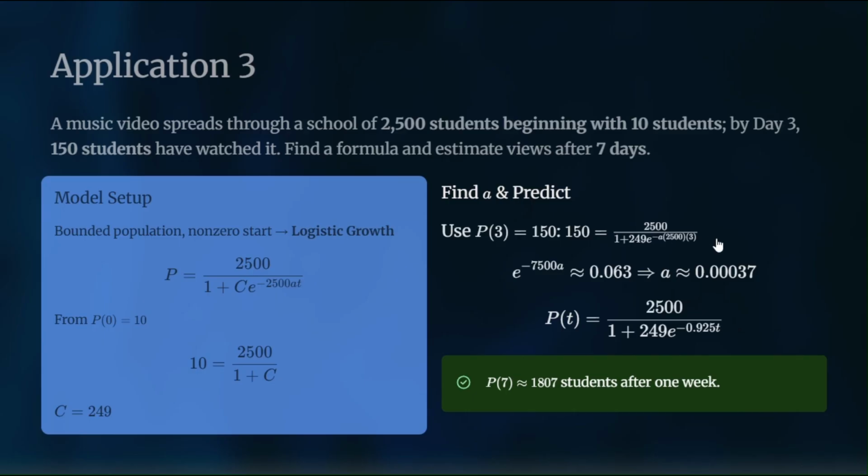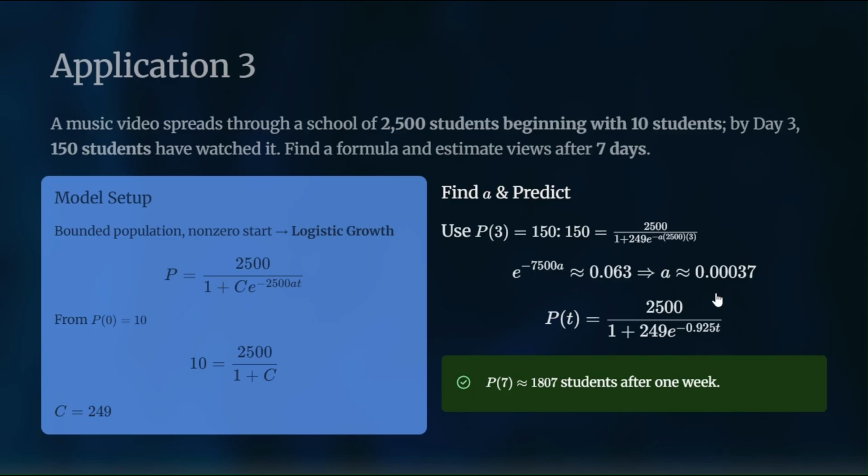Doing some algebra, e to the power negative 7,500a will be approximately equal to 0.063, and taking the natural logarithm and dividing by negative 7,500 on both sides, we'll find that a is approximately 0.00037.